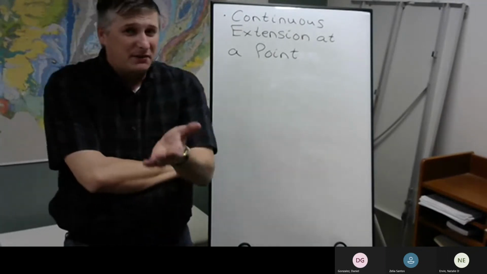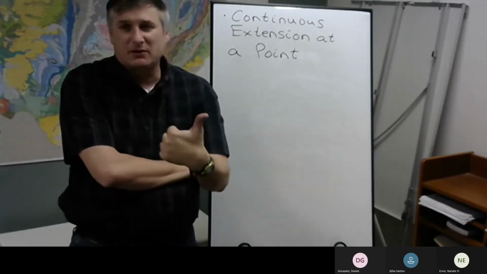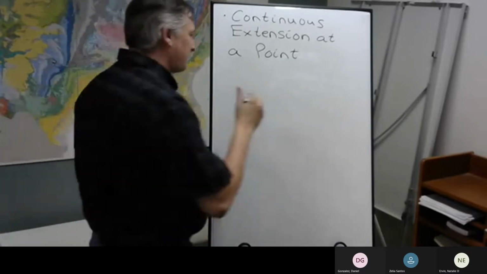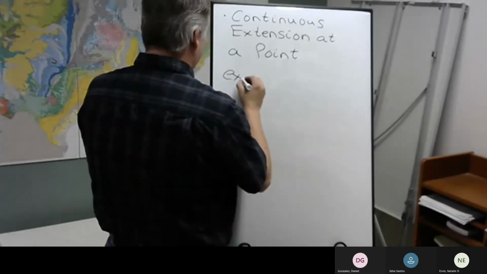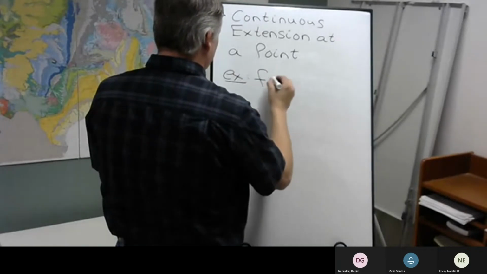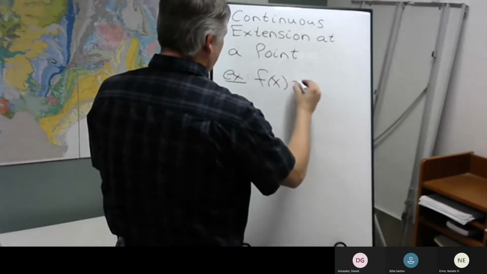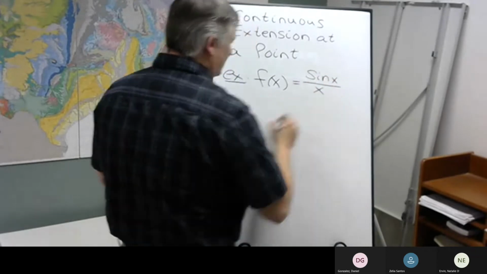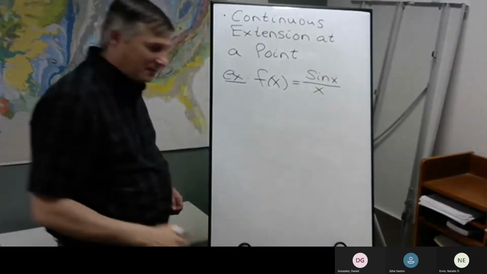Is there a way we can make it continuous? Now, this is going to work if we have a function that has a discontinuity at one point. So, for example, let's say we have something like this.